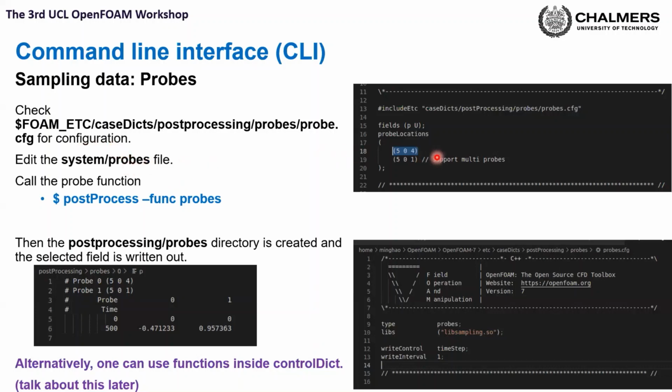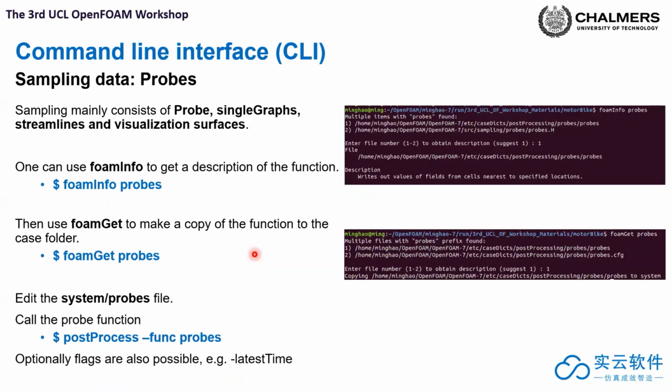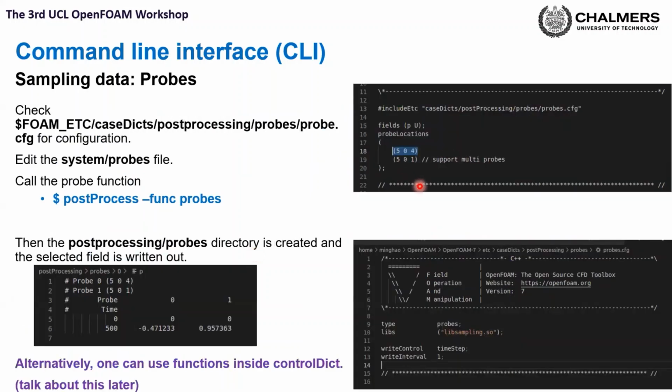I take this as an example. After I use foamGet probes to copy the probes file into my case directory, it looks like this. First, it has an include file, and this include file is the configuration file predefined in this directory. What the user really needs to change are these fields, like which fields the user wants to sample data on this probe, and the location of the probe.